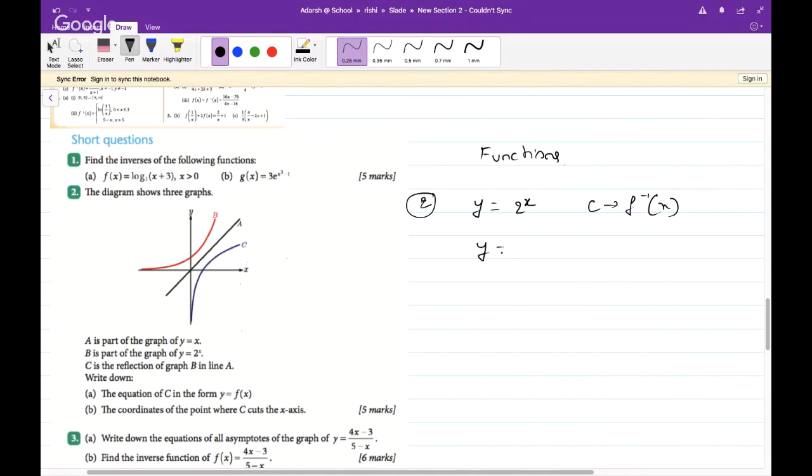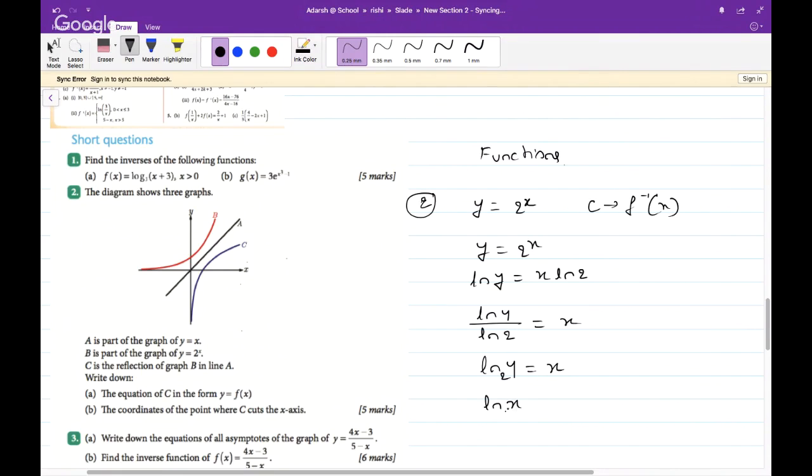So y is equal to 2 to the power x. The same steps. First step, to bring this x down, we'll apply ln. ln y is equal to x into ln 2. So x is equal to log y to the base 2. Interchange x and y.